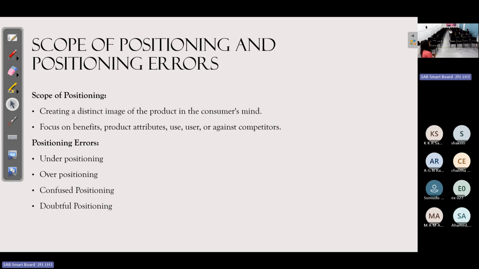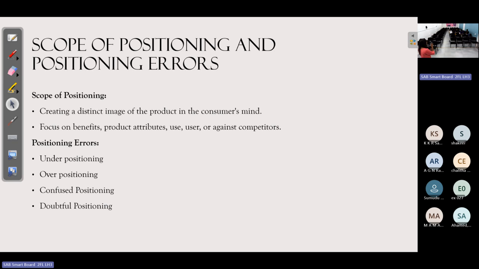Under positioning, if we are not clearly mentioning the product details, if we are not clearly communicating product values and benefits, we call it underpositioning. That means we are giving a lack of information. For example, let's say we are introducing a new product, maybe a beverage.